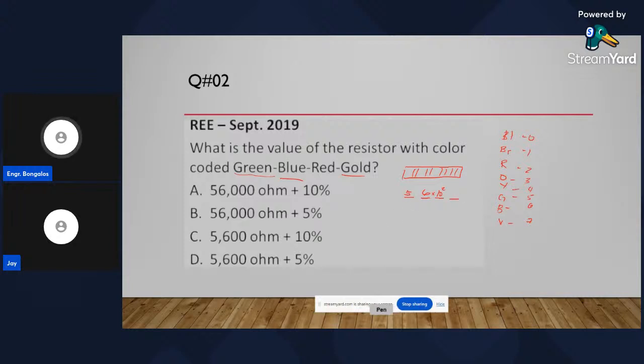So sa case na 'to, ano yung magiging sagot natin? 'Di ba 56 times 100, then plus minus 5%. So 56 times 100 is 5,600. So plus minus 5%, so letter D yung sagot natin.